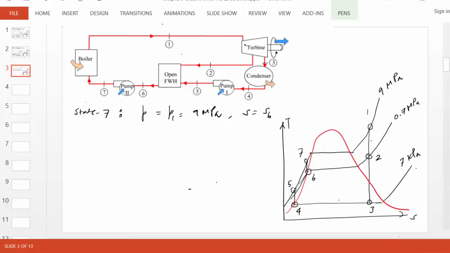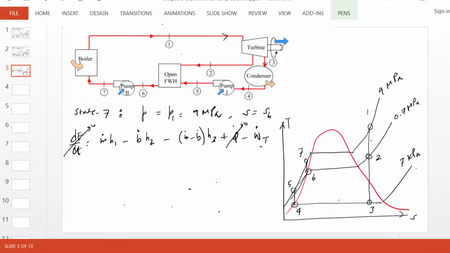Well, notice the turbine doesn't have one inlet and one exit. If we use the energy equation for the turbine, dE/dt equals 0. So m dot h1 is the energy that enters the turbine, minus (m dot minus b dot) going out at state 2, minus (m dot minus b dot) going out at h3, plus Q dot, there is no Q dot, minus W dot external, which is W dot turbine, right?